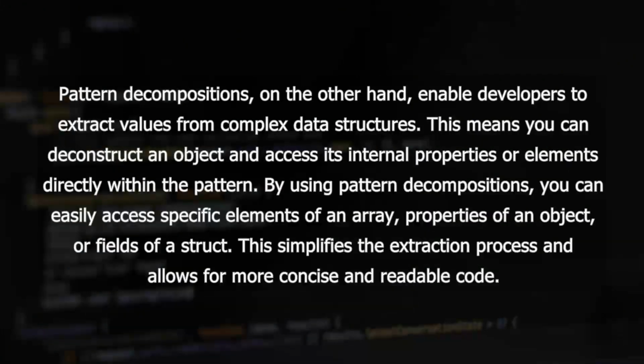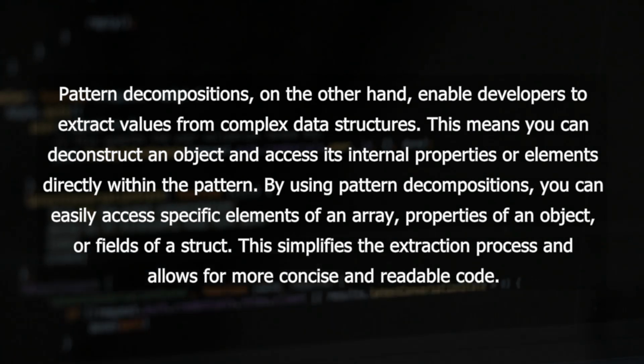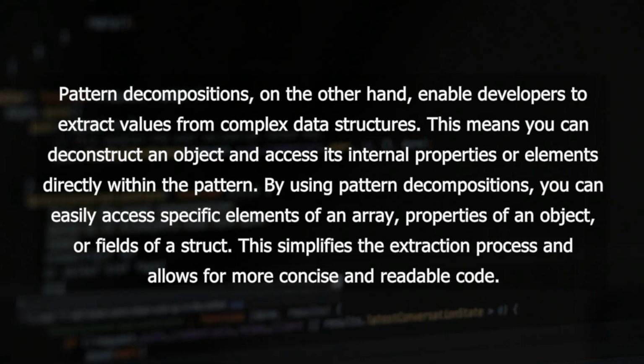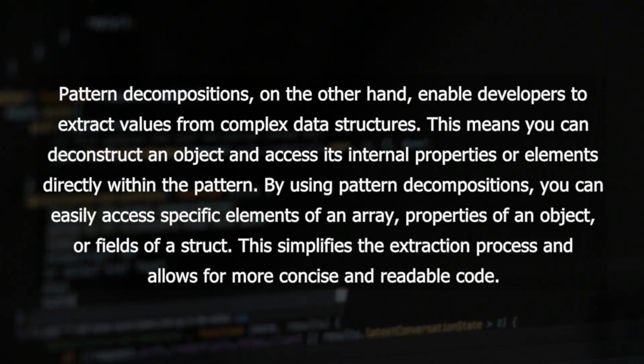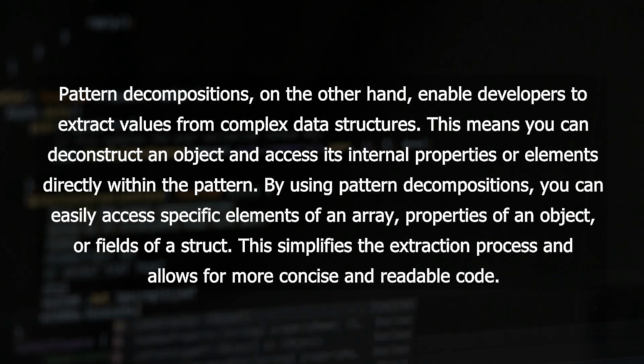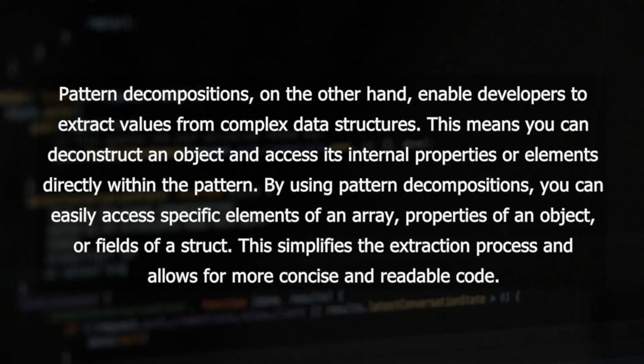Pattern decompositions, on the other hand, enable developers to extract values from complex data structures. This means you can deconstruct an object and access its internal properties or elements directly within the pattern. By using pattern decompositions, you can easily access specific elements of an array, properties of an object, or fields of a struct.